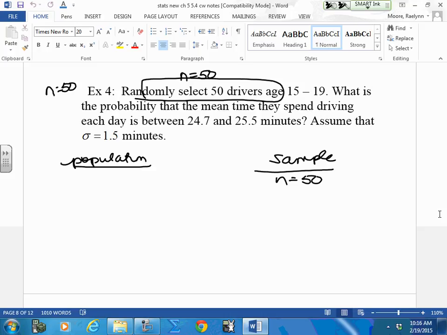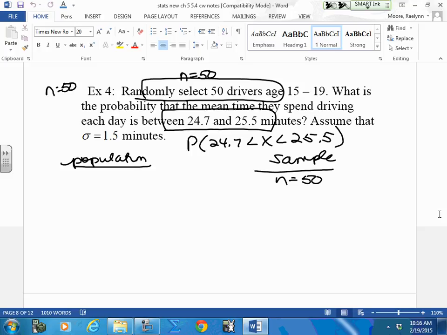Okay, what is the probability that the mean time they spend driving each day is between 24.7 and 25.5 minutes per day? Okay? Now, we're going to assume that your standard deviation is 1.5.